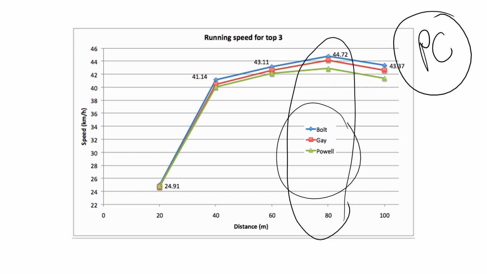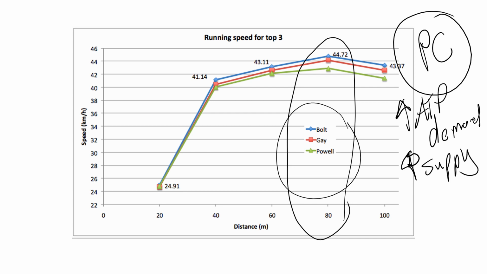So the system that can resynthesize ATP the fastest should last longer, and that very high ATP demand should be met by supply for longer. So fatigue shouldn't set in around 80 meters or 8 seconds. The idea of a creatine supplement is to increase the amount of phosphocreatine within a muscle cell and delay fatigue, because you've increased the amount of time that the system that can resynthesize ATP the fastest can last, the phosphagen system.